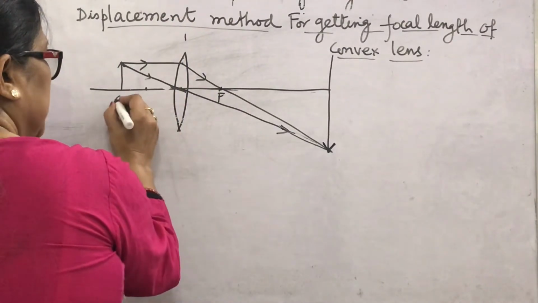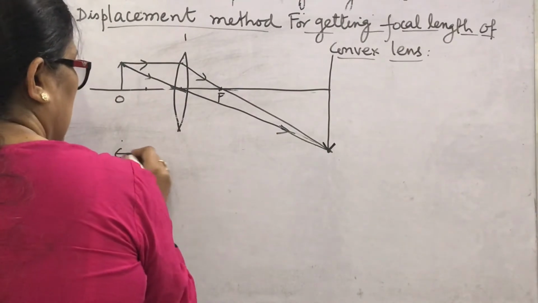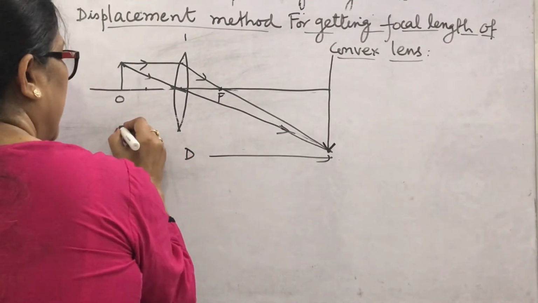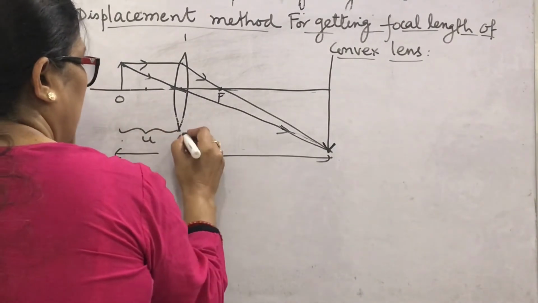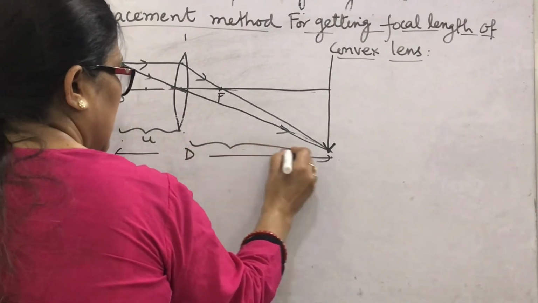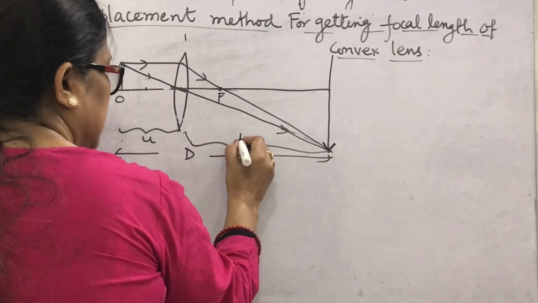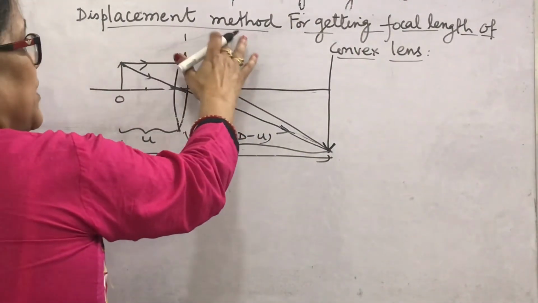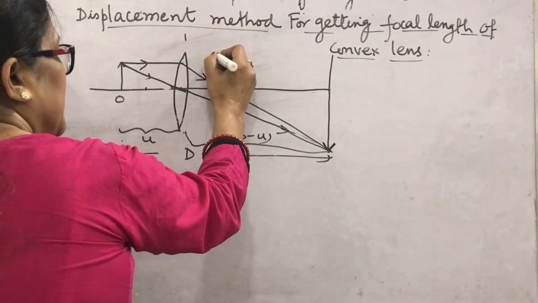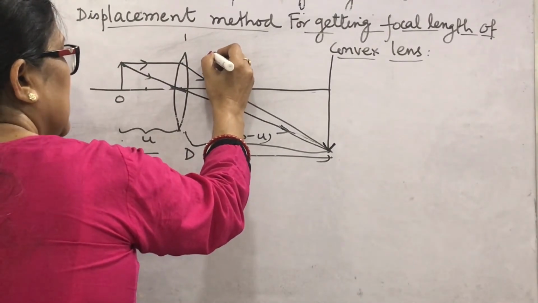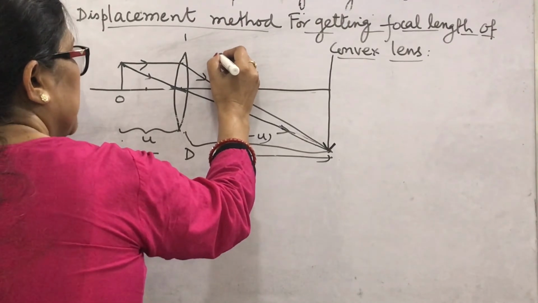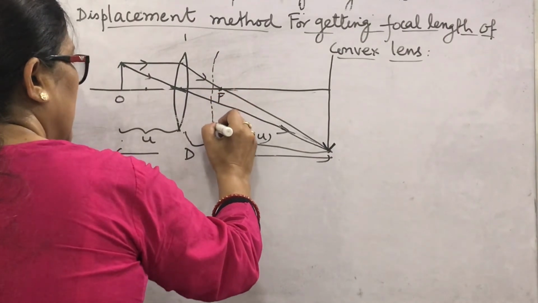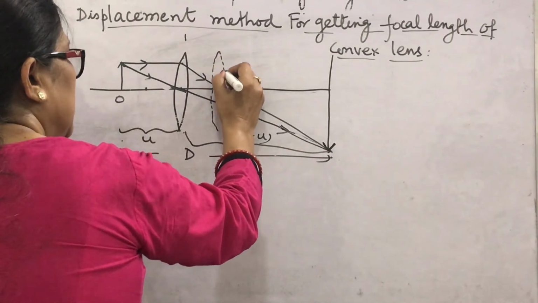If the distance between the object and its real image, that is the screen, is d, then what can you write for this distance? As u, and for this distance from the lens you can write d minus u. As per the name, it is the displacement method: if you shift the lens slightly from one position to another, suppose the lens is shifted here from the first position to another position.